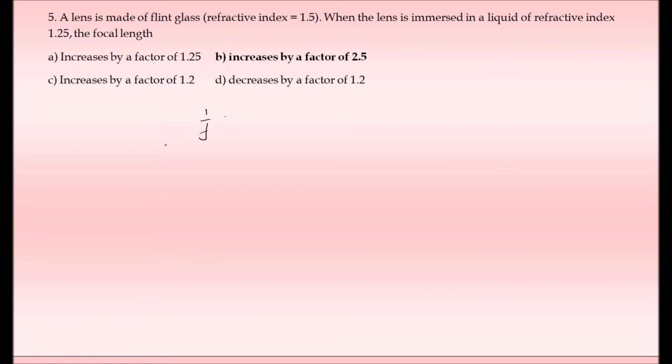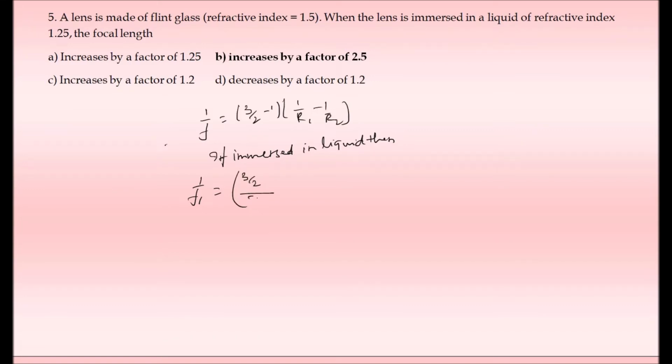So it's very easy, that 1 by f is equal to (3 by 2 minus 1) (1 by R1 minus 1 by R2) when the lens is placed in air, and when it is immersed in liquid, then 1 by f1 is equal to (3 by 2 divided by 1.25, that is 5 by 4, minus 1) (1 by R1 minus 1 by R2), that is equal to (12 by 10 minus 1) (1 by R1 minus 1 by R2), that is equal to 1 by 5 (1 by R1 minus 1 by R2).